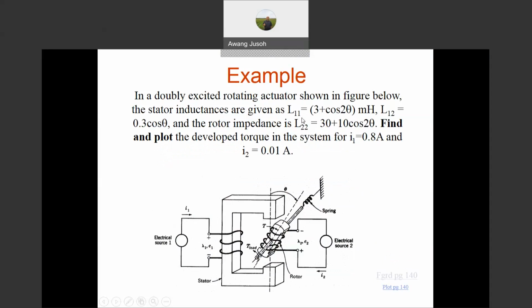So if you see these values here, in this system the total torque is contributed by I1 and I2 together, so I1, I2, and also the mutual inductance. Right? So in this case, we need to use three terms of torque. That means we have the reluctance torque and also the alignment torque.